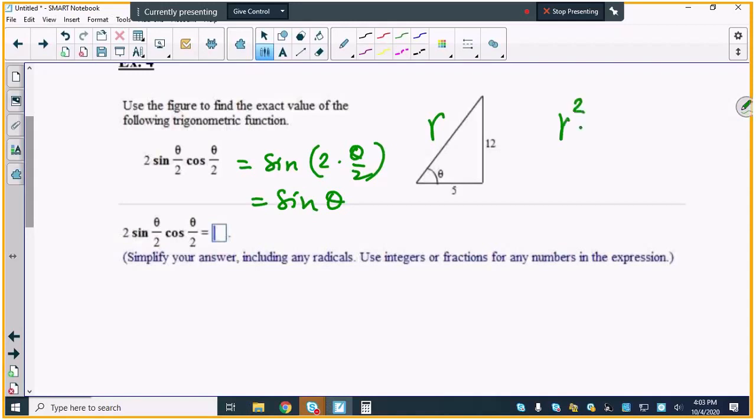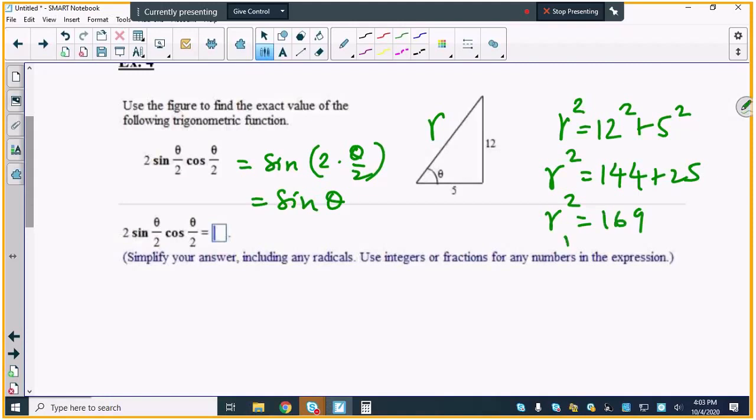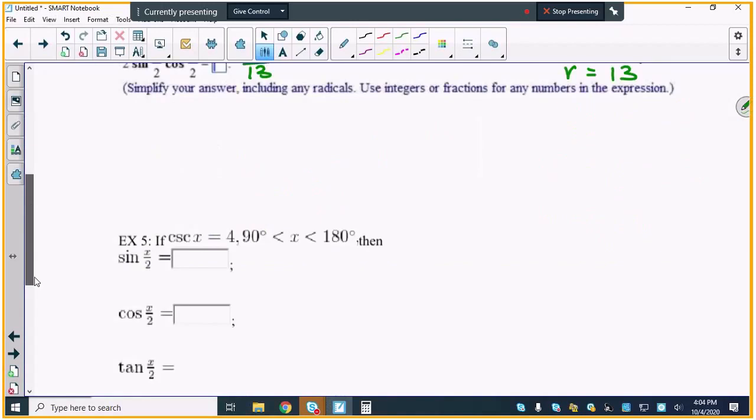So I will say r squared is equal to 12 squared plus 5 squared. So that is 144 plus 25. So r squared is 169. R is always positive, so taking square root it is 13. And sine of theta is opposite over hypotenuse, so 12 over 13. The hypotenuse answers my question.